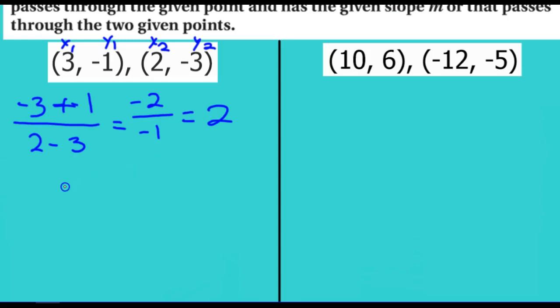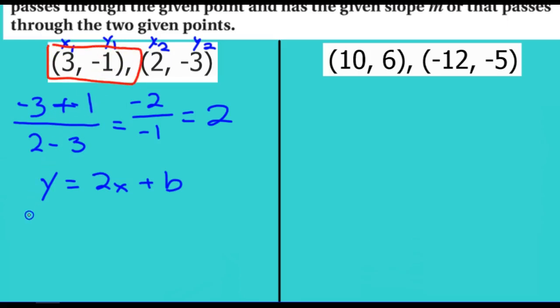Now we can write this in our slope-intercept form if we want to. So we have y equals 2x plus b. Now we need to find out what b is before we do anything. So all we need to do then is just substitute one of our points. So I'm going to pick 3, negative 1.